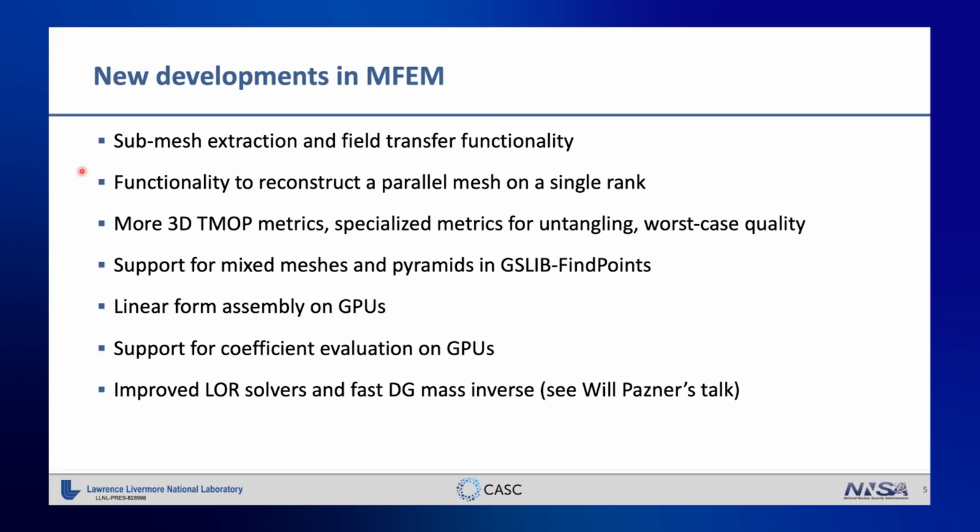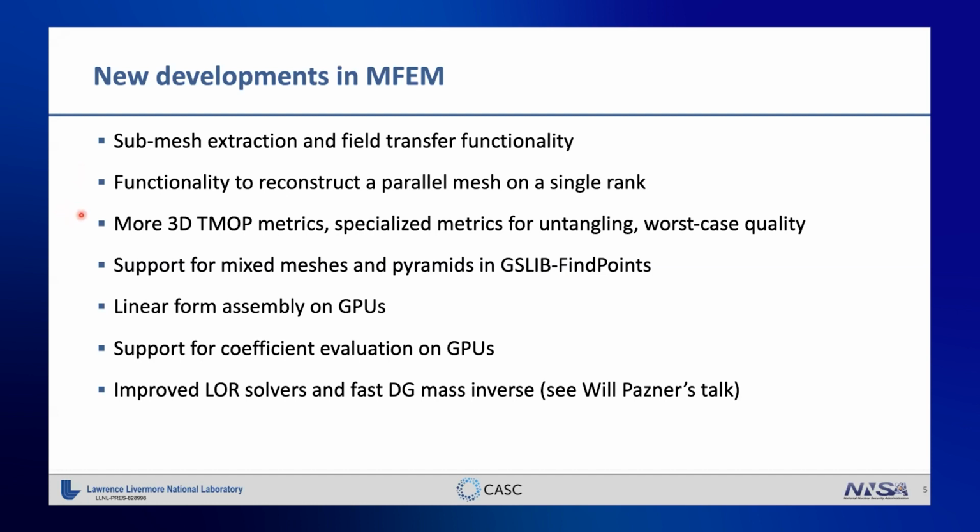This was developed by Julian Andre, and it should serve as a basis for implementing multi-domain problems where you have different physics in different subdomains, and you want to connect them through fields or through interfaces, and this provides the basis for discretizing this type of problems.